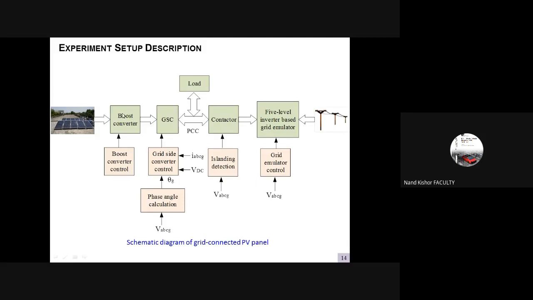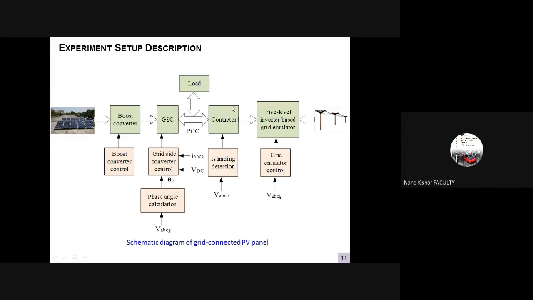We have the converters, boost converters, and the control related part, and then another converter for the grid connected sites, and then some switches, and then we also had some load, and then again because this PV had to be grid connected, because we want the islanding operation at this point.